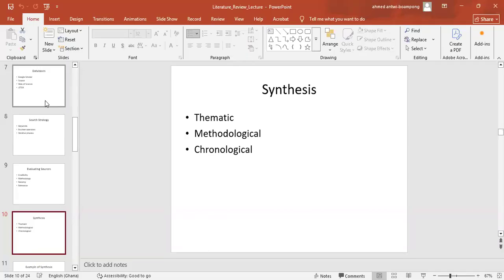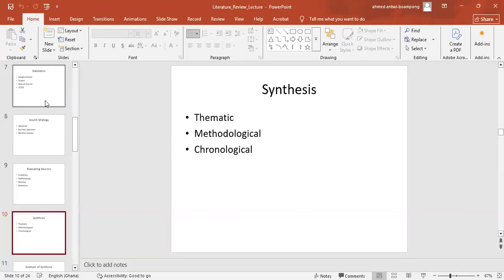You are not discussing Antwi Boampong study, Adakwa et al. 2020 study, Brown Noble study. No. Synthesizing means that you are connecting them. You can organize them according to what?